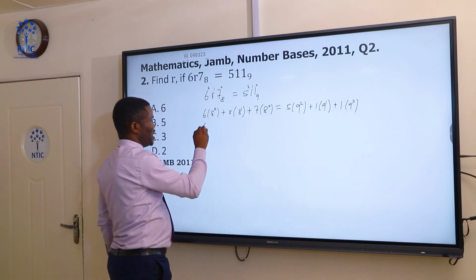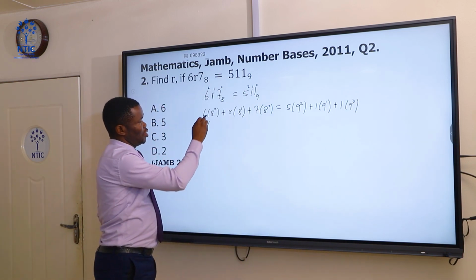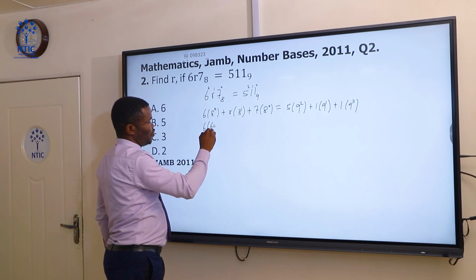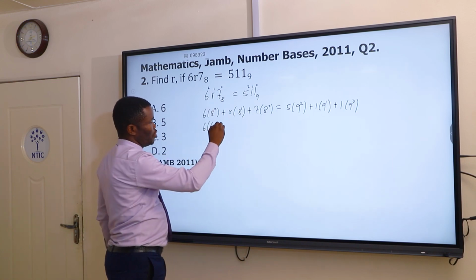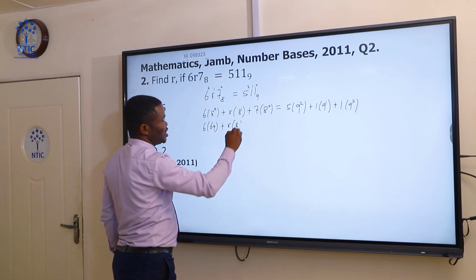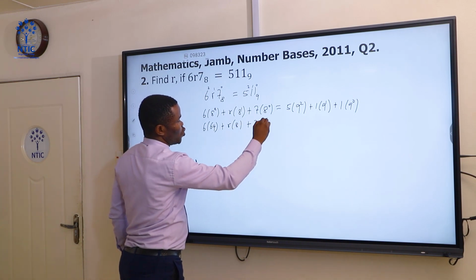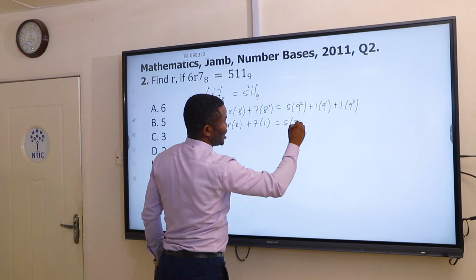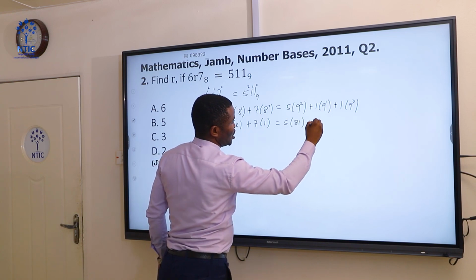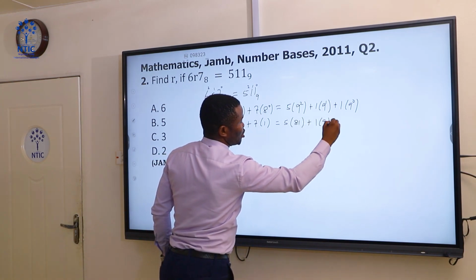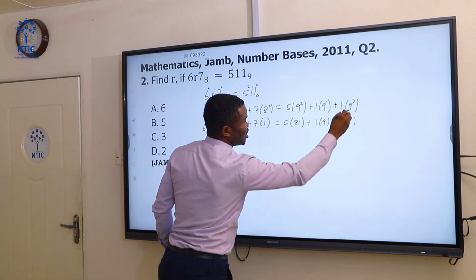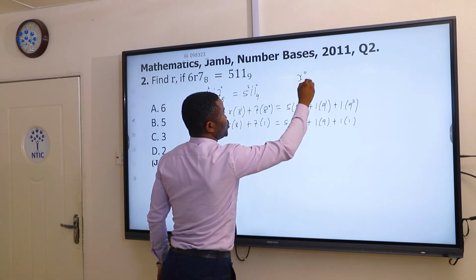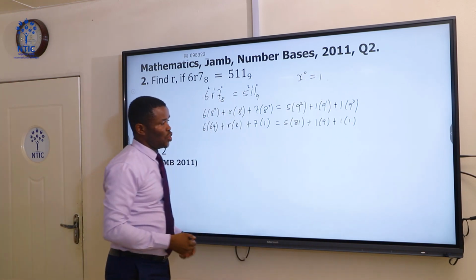So this is going to be 6 times 64, because 8 squared is 64, plus r times 8 plus 7 times 1 equal to 5 times 81 plus 1 times 9 plus 1 times 1. Anything raised to the power of 0 is 1.